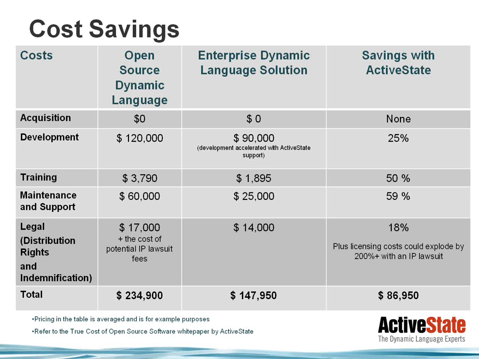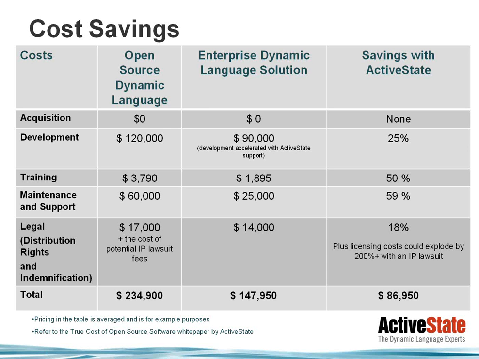So with that background, a question that I often get asked is about cost savings. So, okay, Bart, what does it cost vis-a-vis doing open source versus doing an enterprise dynamic language solution from ActiveState? So I'd like to run you through this example. Now, I need to stress this is an example, and our experience has been it varies on a case-by-case basis depending on your needs as a user of open source programming languages.